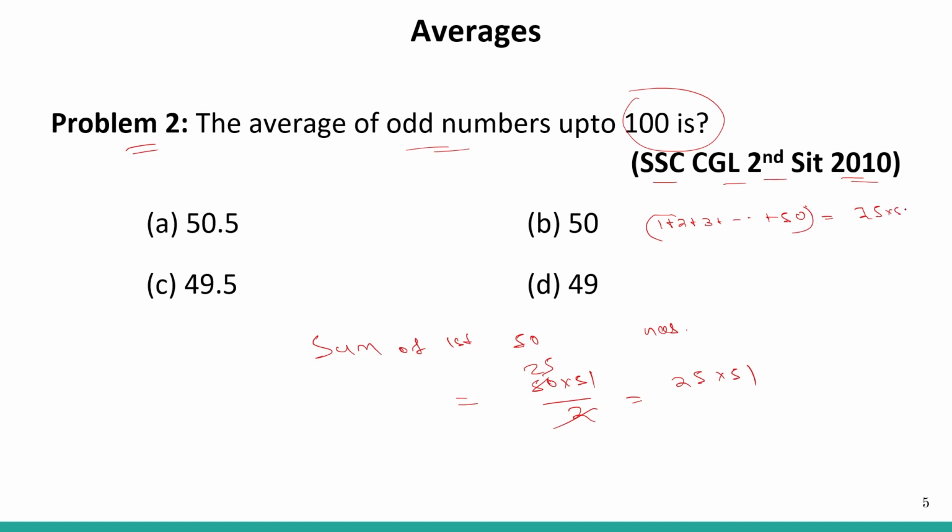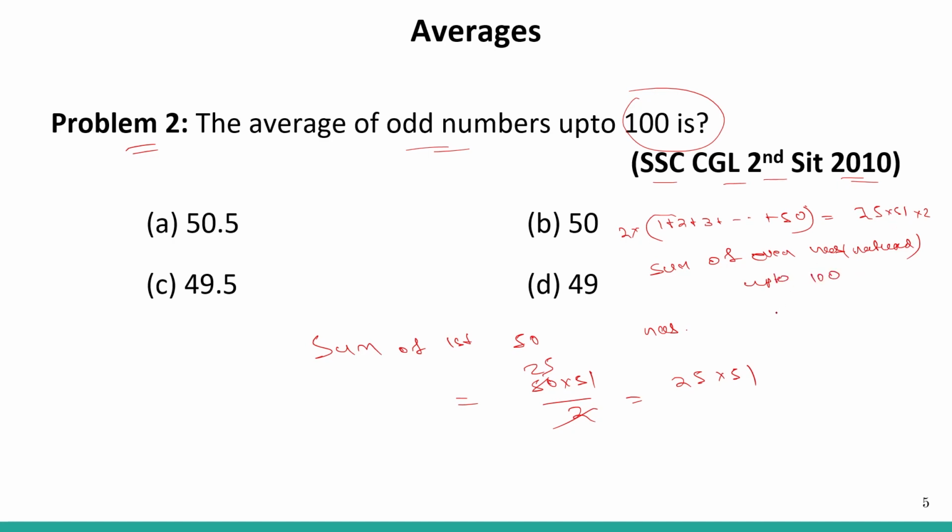25 into 51. So if we multiply with 2 on both sides, what we are left with is the sum of even natural numbers up to 100.